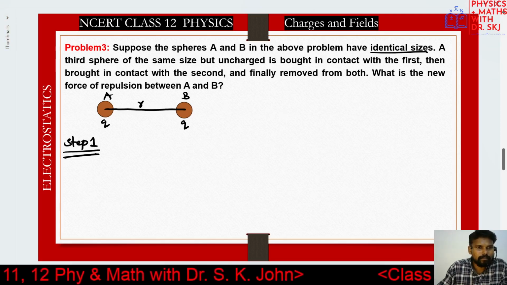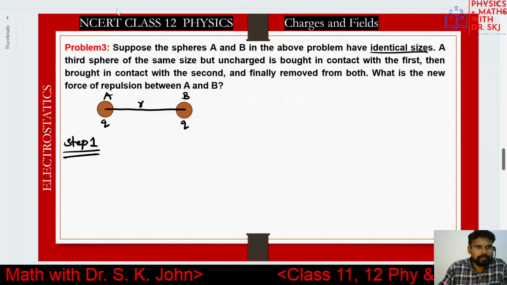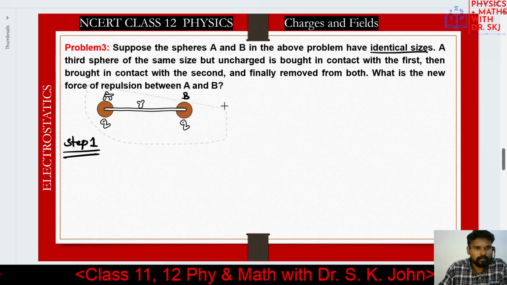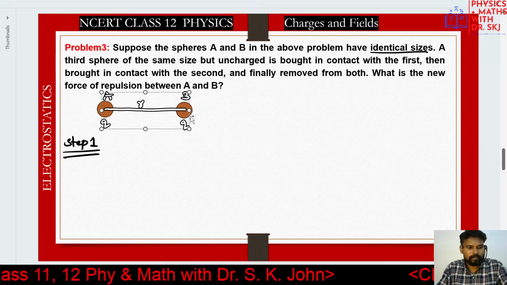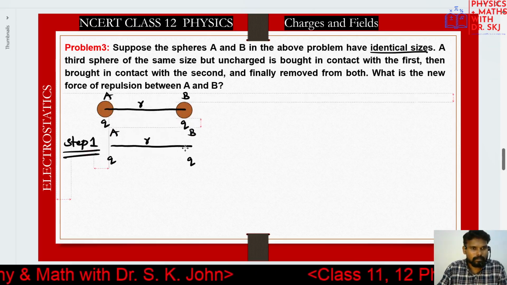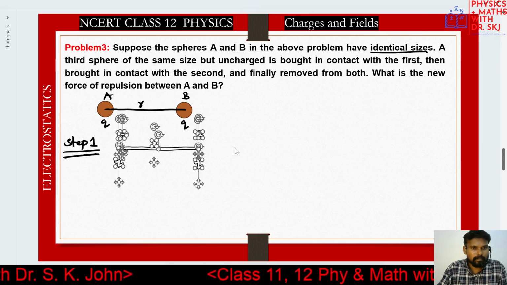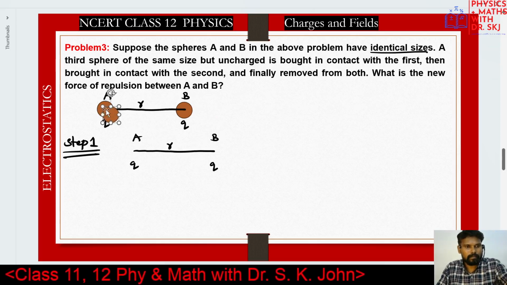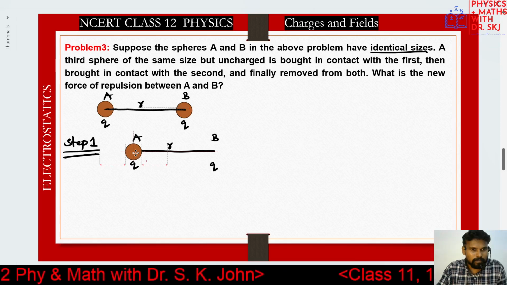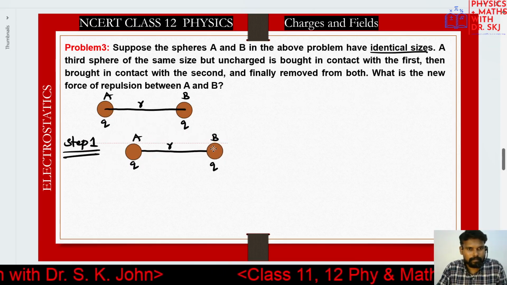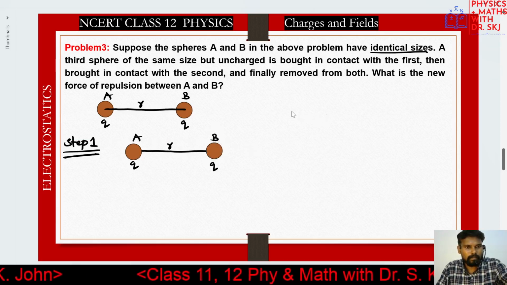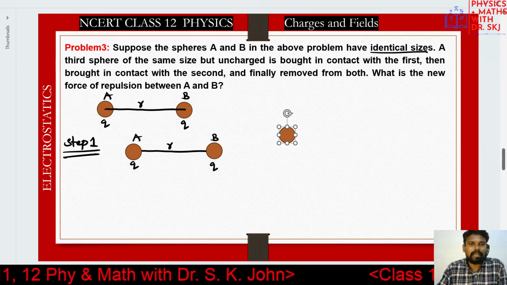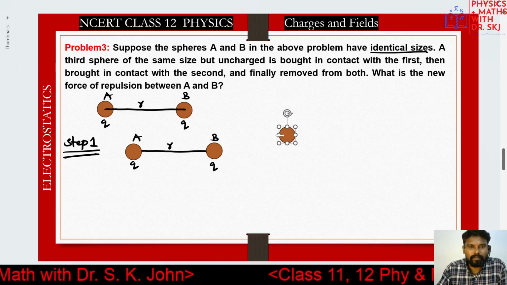But what we do is that in step 1, we bring a third sphere. A third sphere of the same size but uncharged is brought in contact with the first one.